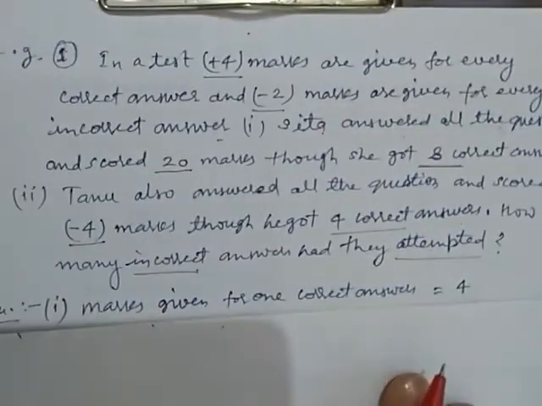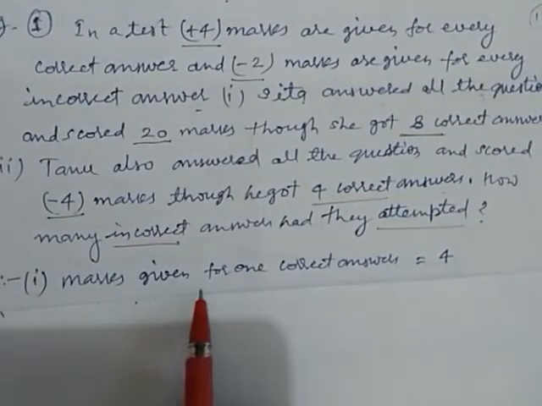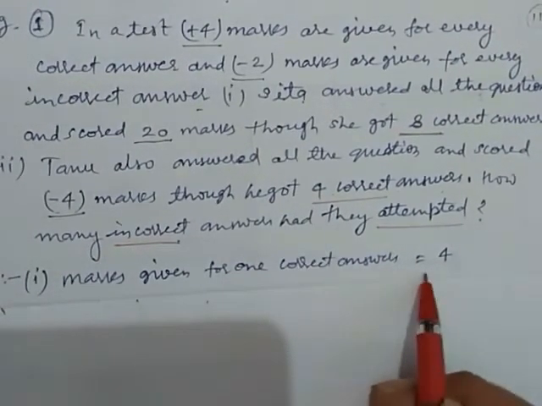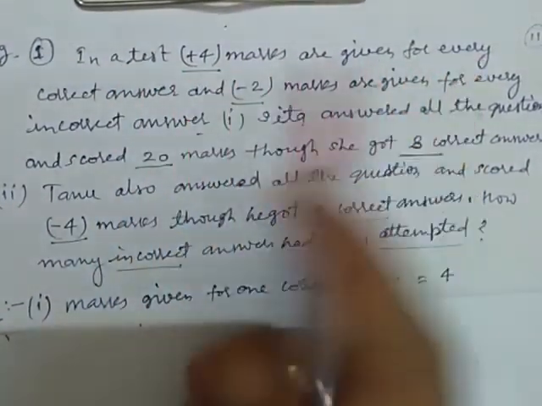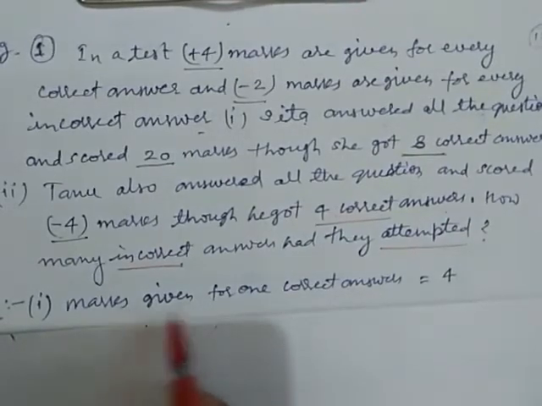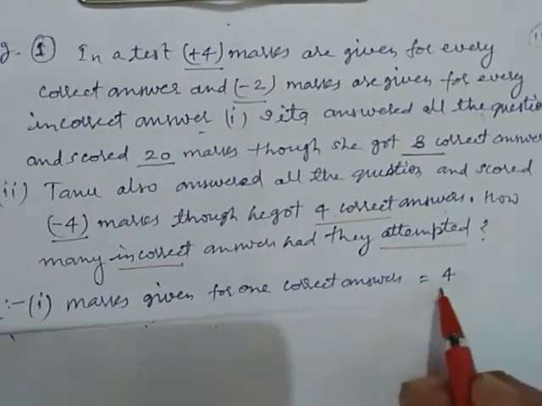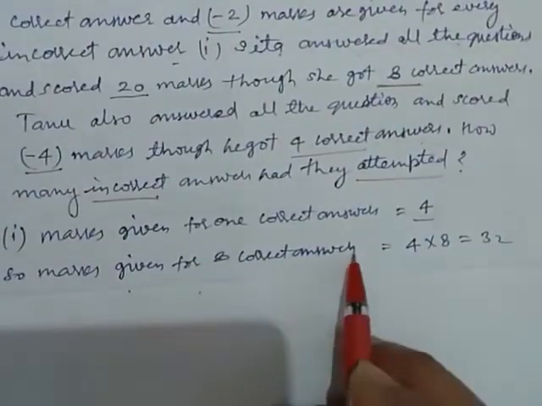Okay, so first we start. Marks given for 1 correct answer. What is our information? In a test, plus 4 marks are given for every correct answer. So here we write the given information. Marks given for 1 correct answer is 4. So marks given for 8 correct answers.